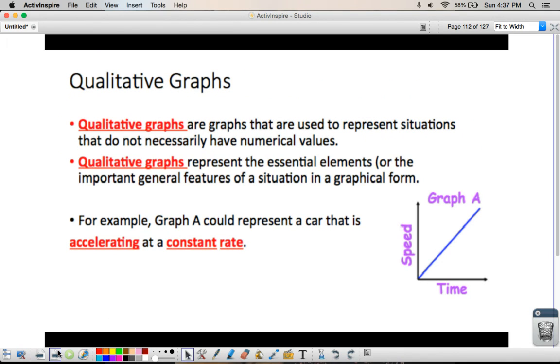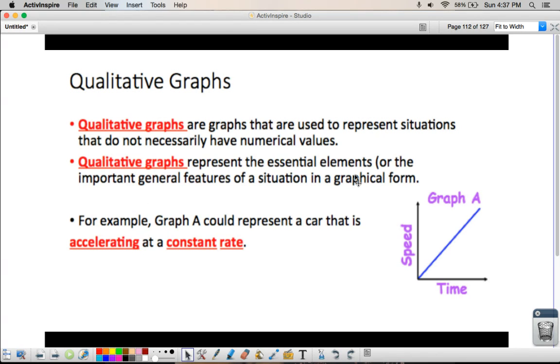Now we can talk about qualitative graphs. They are graphs used to represent situations that do not actually have numerical values. They might have numerical values, but they don't have to. They also represent just the essential elements or the important information from a graph.